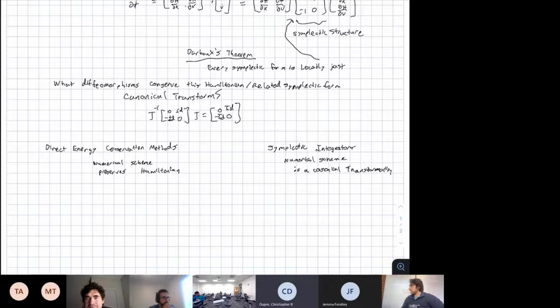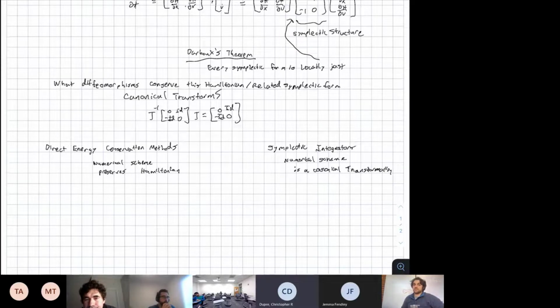Which, again, it's not clear that that's an easy thing to do, but it is actually possible. And in fact, once you get the formalism down, it's a 2-line calculation to show that these things conserve it exactly. Numerical schemes which conserve the Hamiltonian exactly are great if that's the only structure you care about.